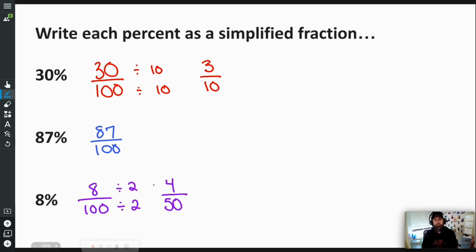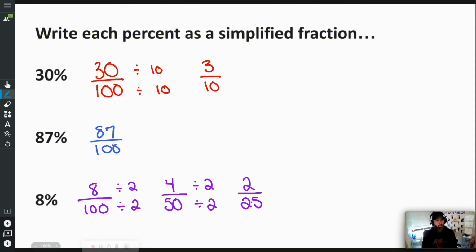And then you're like, those are both even still. So I can again divide the numerator and the denominator both by 2. 4 divided by 2 is 2, and 50 divided by 2 is 25.